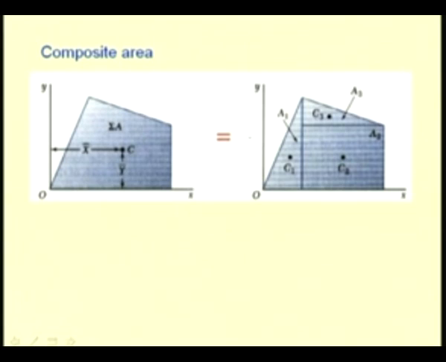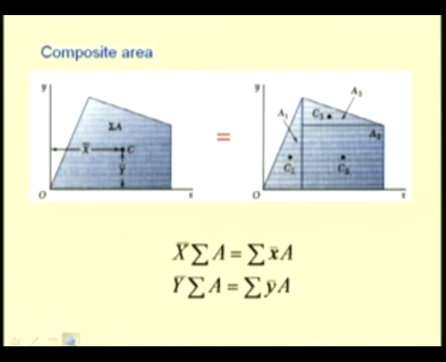Like in this case, we have areas A1, A2 and A3, for which the centroids C1, C2 and C3 are known, and thus by equating the first moment of these areas about O to the first moment of this composite area, we can know these moment arms, say x bar and y bar, that are necessary for computing the equivalent load and its location.